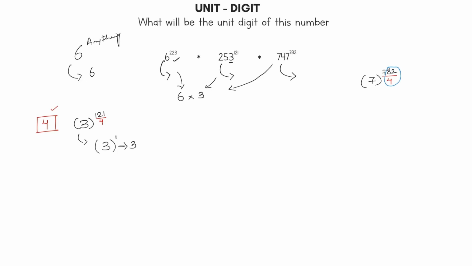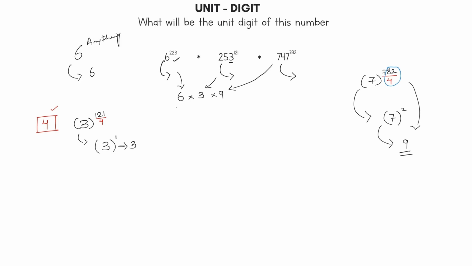What is the remainder? 2. So this is similar to 7 raised to 2. 7 raised to 2 has a unit digit of 9 since it is 49, which means 7 raised to 782 will also have a unit digit of 9. So I'll write it here as 9 now.